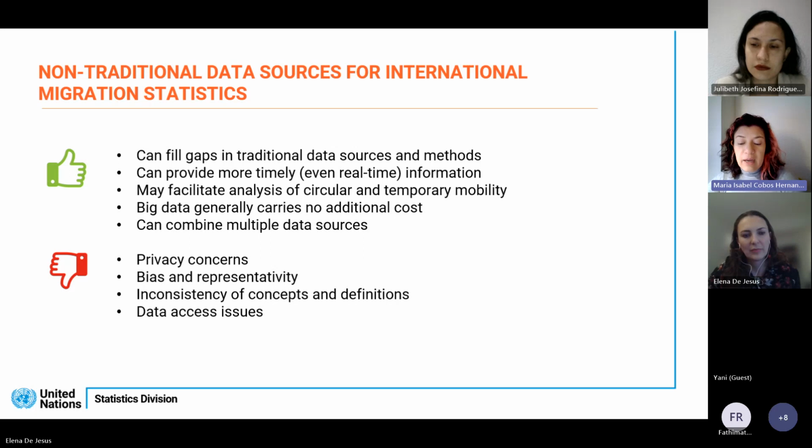If you attach a module on migration to a regular survey, let's say a health and demographic survey or a labor force survey, then you don't have control of the sampling strategy, and you have to deal with that fact. And the information that you can collect is not as targeted.